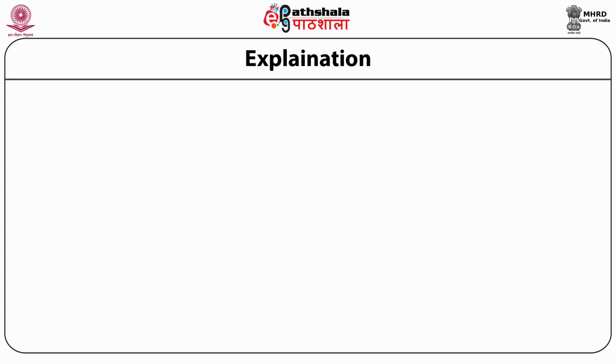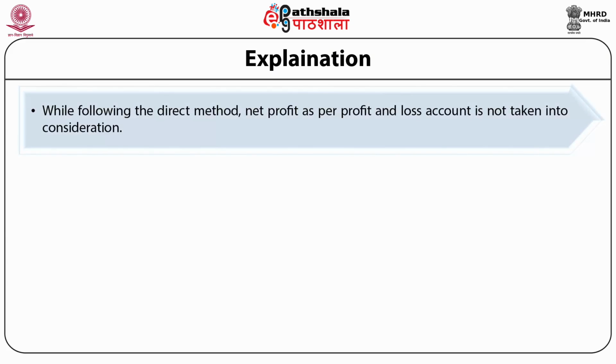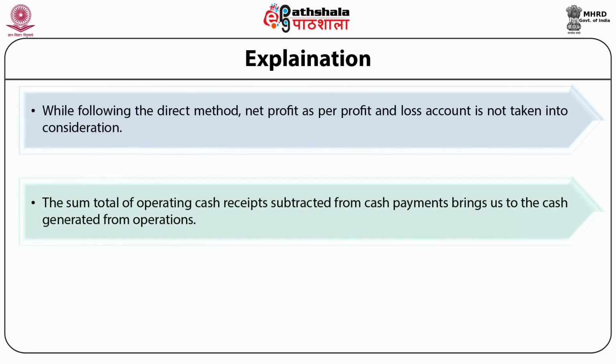Explanation. While following the direct method, net profit as per profit and loss account is not taken into consideration. The sum total of operating cash receipts subtracted from cash payments brings us to the cash generated from operations.